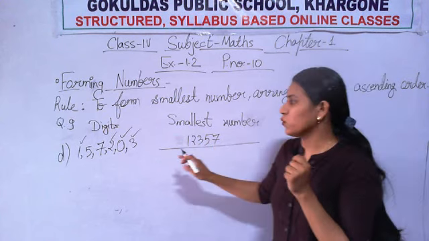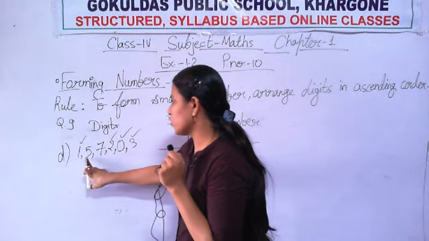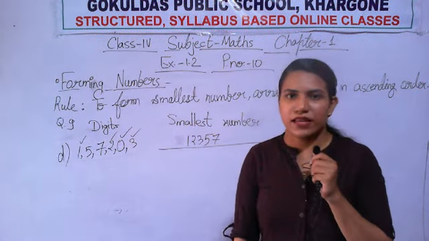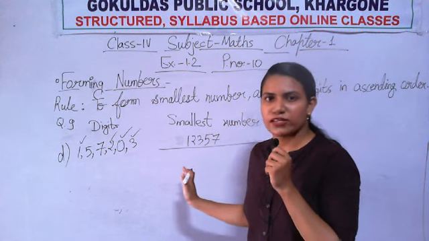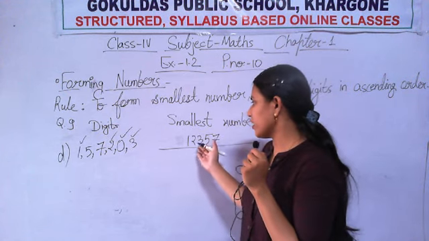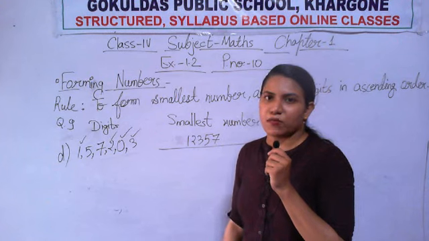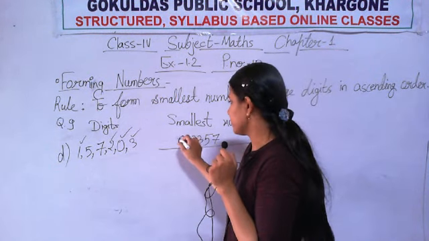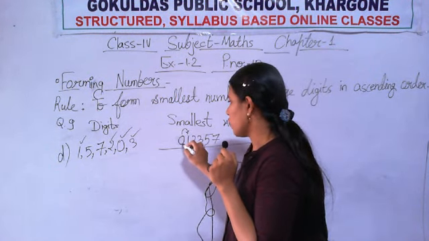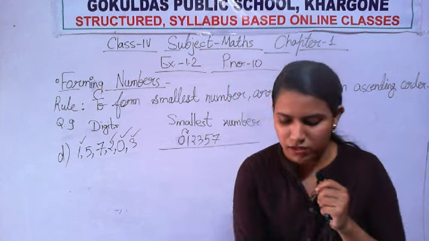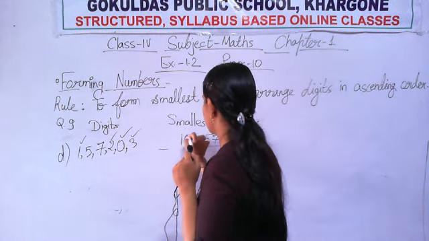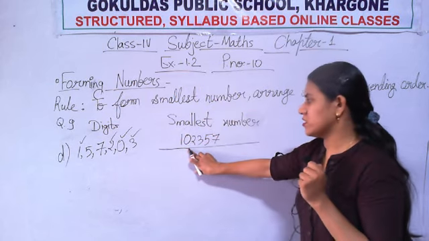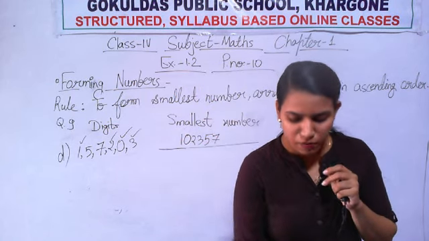But we have to make a 6 digit number. So what will you do? You will replace this 0 to the second place. Okay? So exchange these. So this is how you write the smallest number.